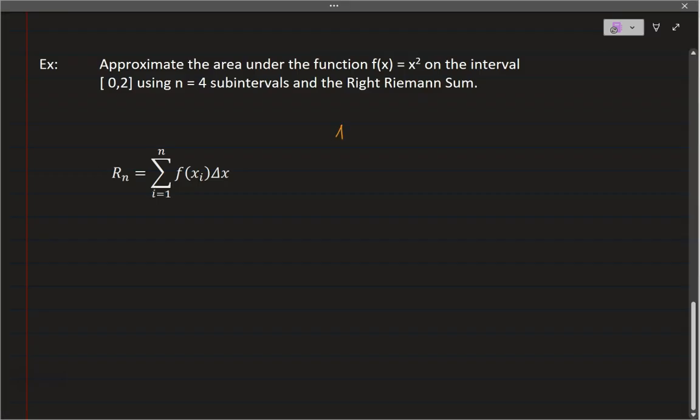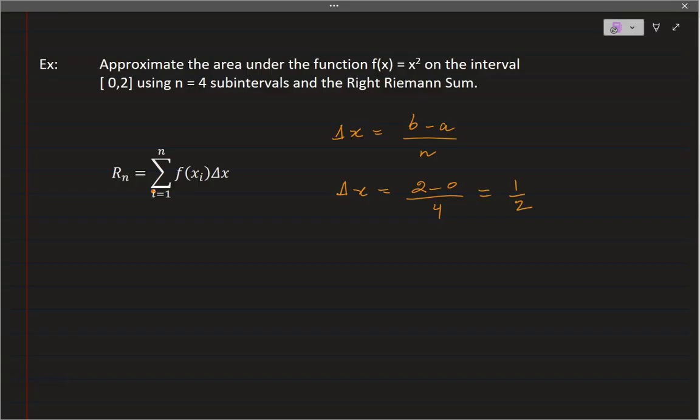So first of all, let's find delta x. There are 4 subintervals between 0 and 2, so each subinterval delta x must be 2 minus 0 divided by 4. That means each subinterval is 1/2. Great.